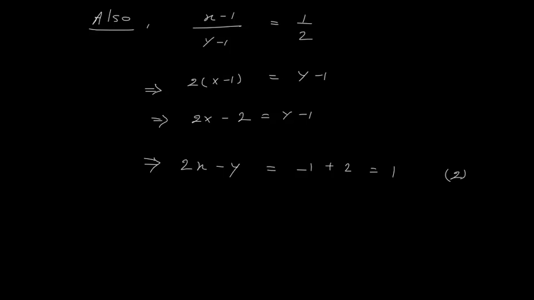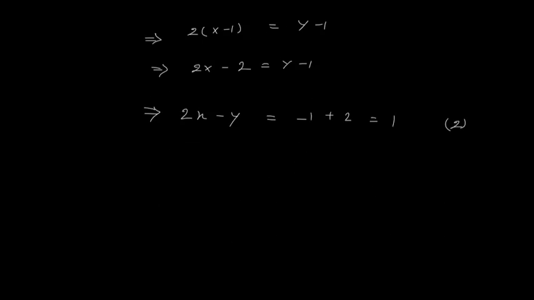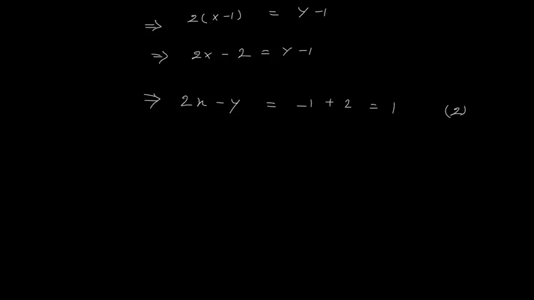So the first equation is 8x minus 5y is minus 11, and the second equation is 2x minus y is equal to 1. So what do we do next? From this second equation we can find the value of y. So from here I will say y equal to 2x minus 1. Okay, let us take this as 3.